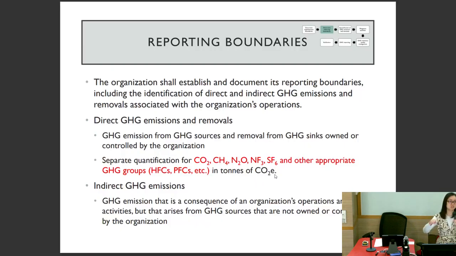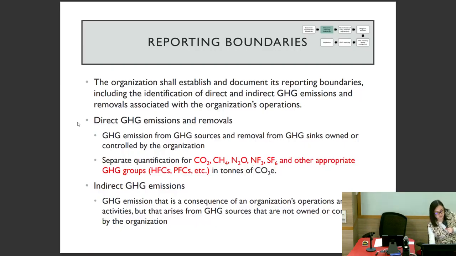Just like in the workshop, you should quantify the emissions of carbon dioxide, methane, and nitrous oxide, and then use the global warming potential to convert tons of methane into tons of carbon dioxide equivalent. All right.